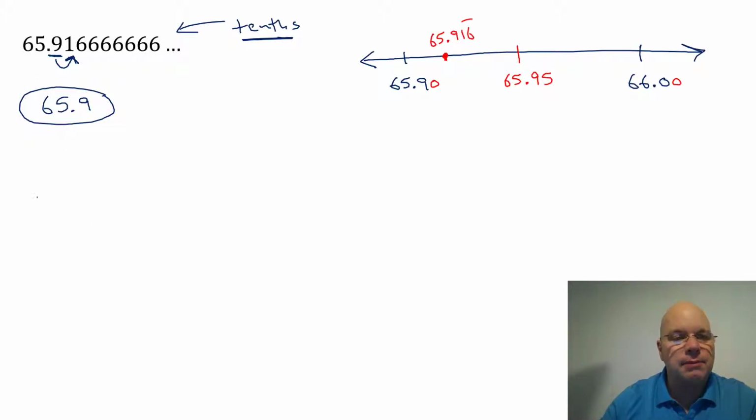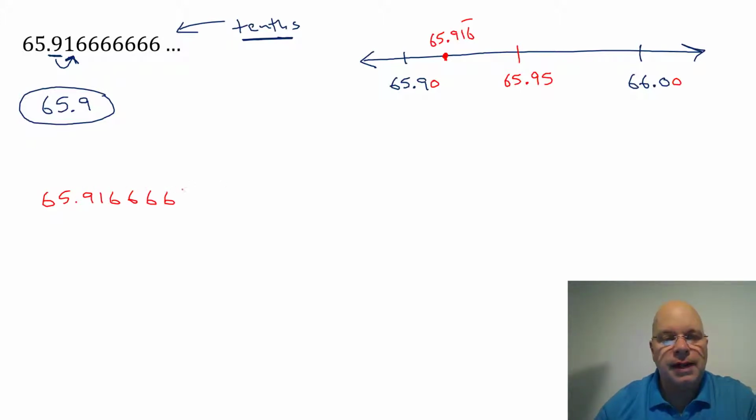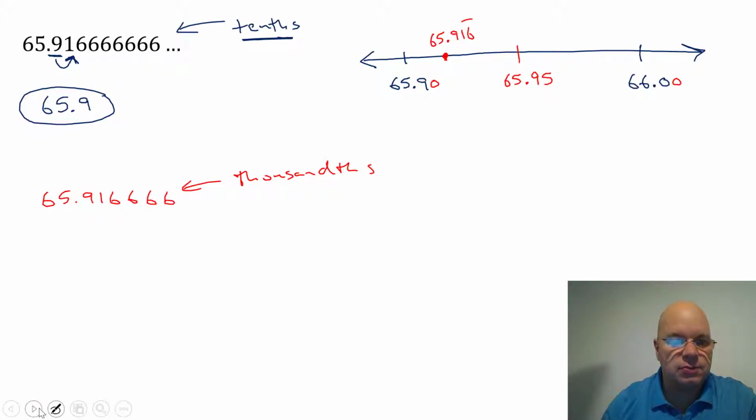If we take this same number, 65.916 repeating, and now we round to the thousandths place, we would first identify the number in the thousandths place. This is the tenths, hundredths, thousandths place, and then look at the digit to the right of it, the next lowest place value, the 10 thousandths place.